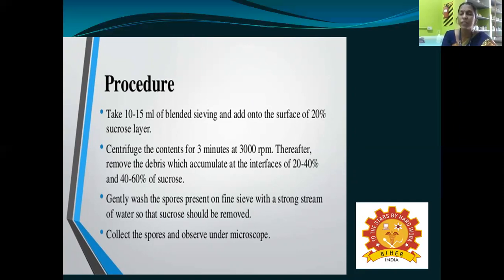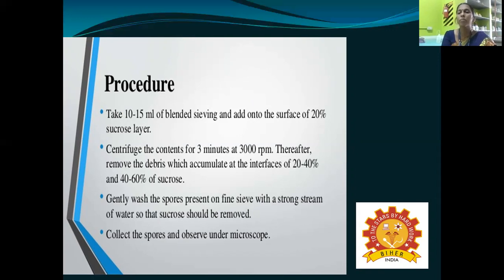You have to remove the debris, meaning unwanted materials, which accumulate at the interface of 20 to 40% and 40 to 60% sucrose, because it is a density gradient centrifugation. Therefore, we are using the sucrose. Gently wash the spores present on the fine sieve with a strong stream of water so the sucrose is completely removed, and collect the spores and observe under the microscope.